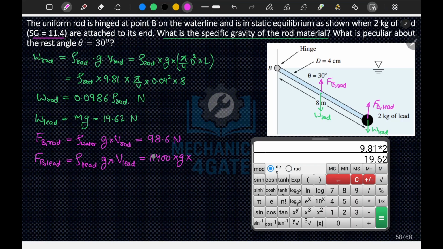Sorry, I made a mistake here. This should be density of water times volume of lead. Now density of water is 1000 times g, that is 9810, into volume of lead, which can be written as mass of lead upon density of lead. So volume is equal to mass of lead, that is 2 kg, divided by density of the lead, that is 11400.